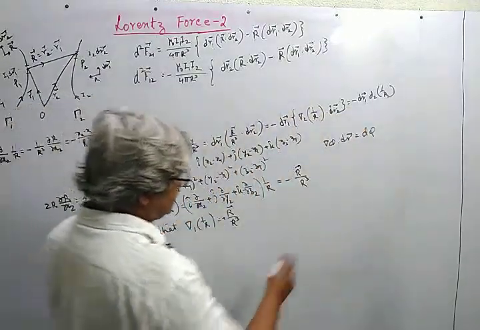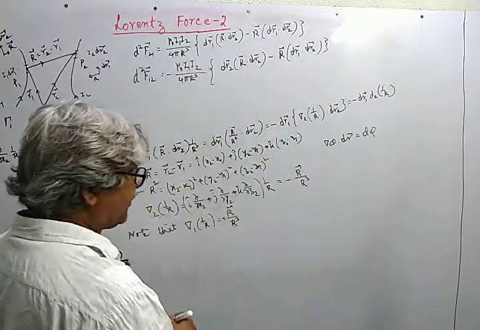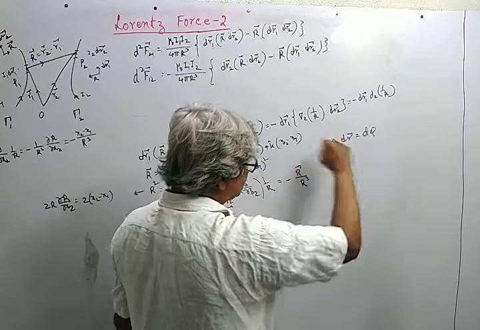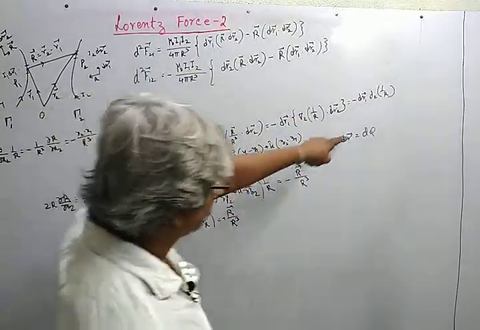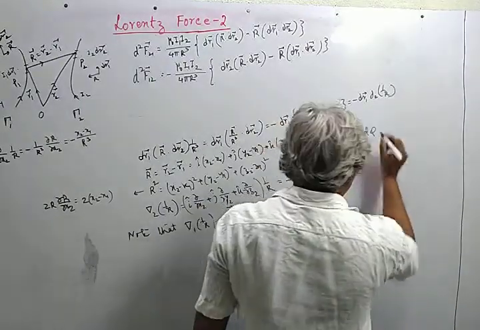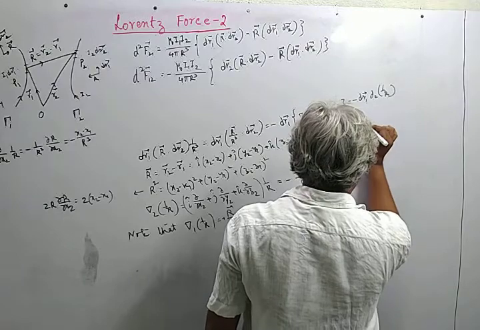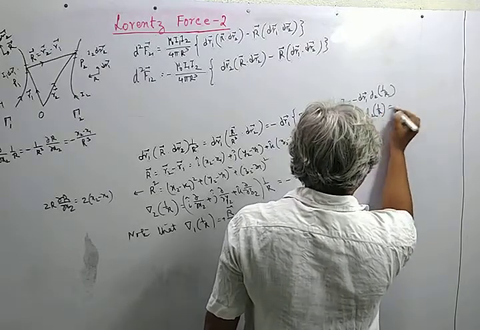Because there is dr2, we perform the nabla operation with respect to the same base, so that we can write it like this. As this is a perfect differential, when we integrate over C2, this is equal to 0.